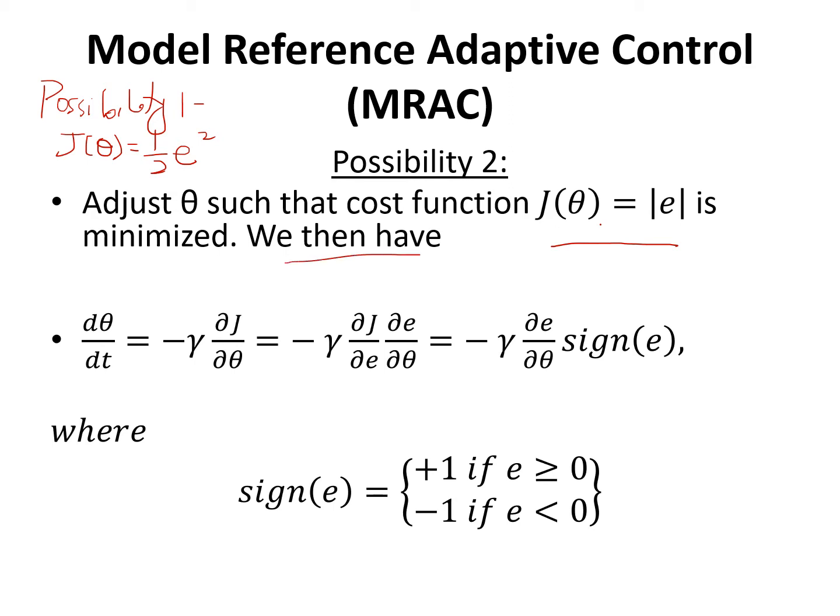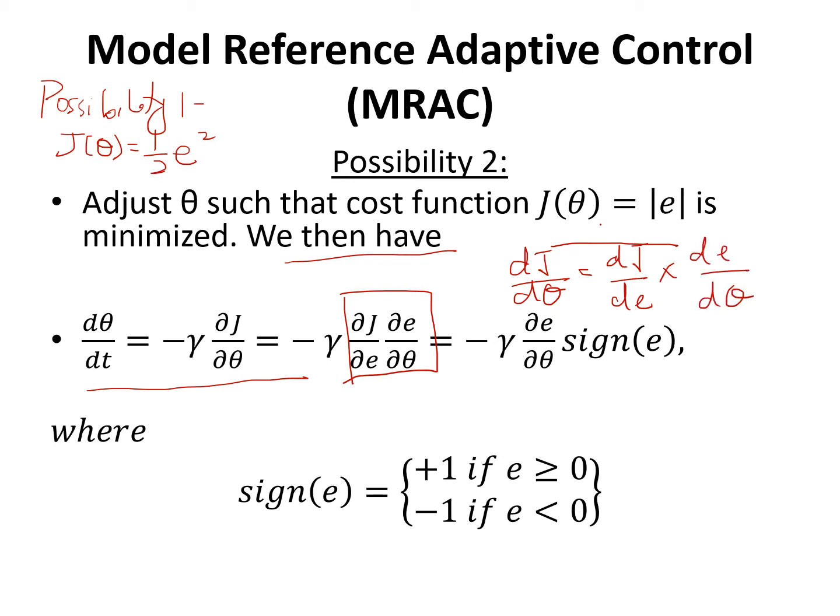So we then have d theta over dt equal to negative phi dJ over dt, where dJ over dt is equal to dJ over de times de over dt. So dJ over d theta is equal to dJ over de times de over d theta. So dJ over de comes from this equation: dJ over de is equal to sign e.